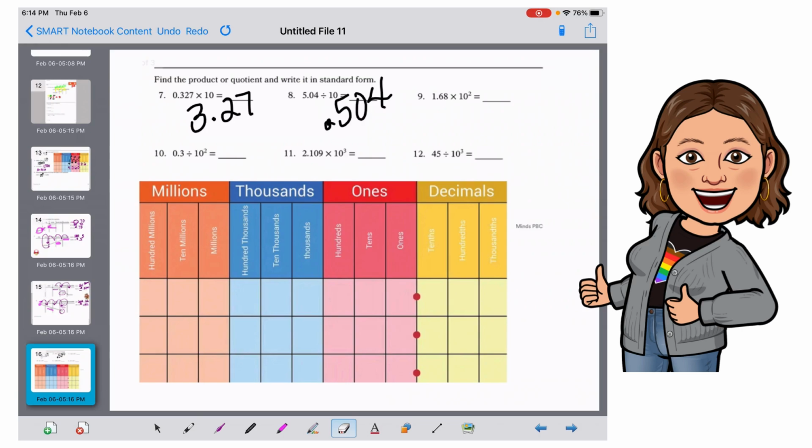Okay, we're going to start the next one off with 1 and 68/100ths. I see we are multiplying, so I know I'm getting larger. I'm multiplying by 10 to the second power, so that tells me times 10 times 10. I'm going to scoot everything about that number up 2 spots, which gives me 168.